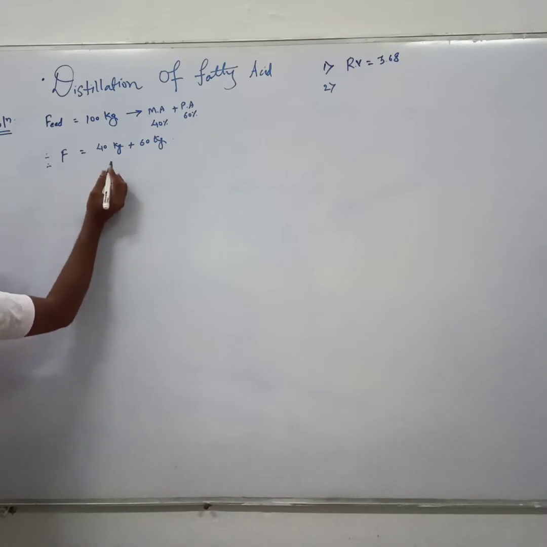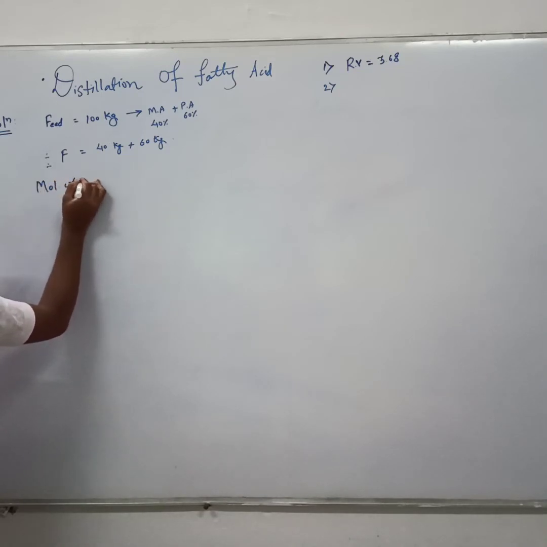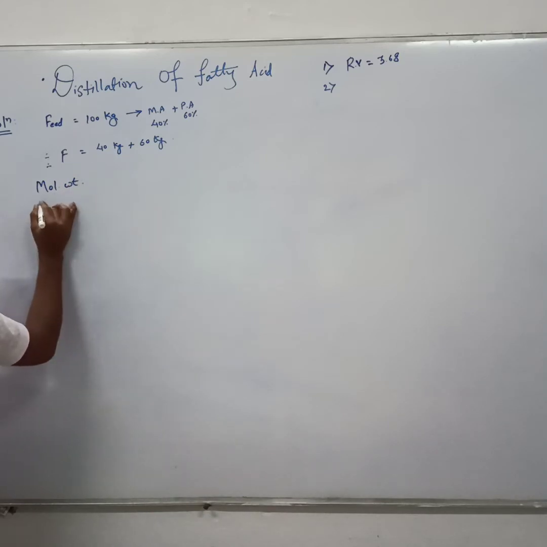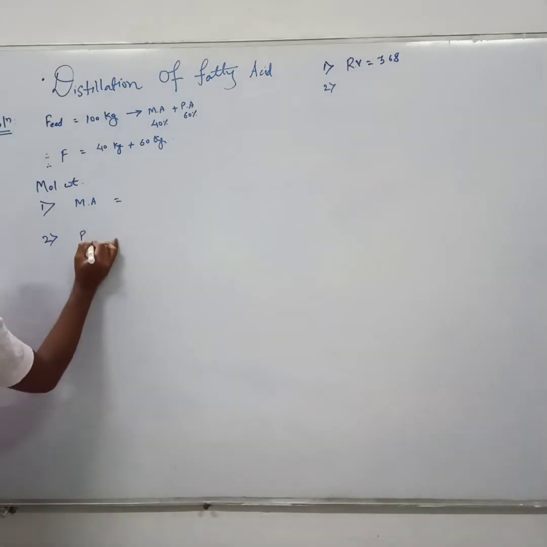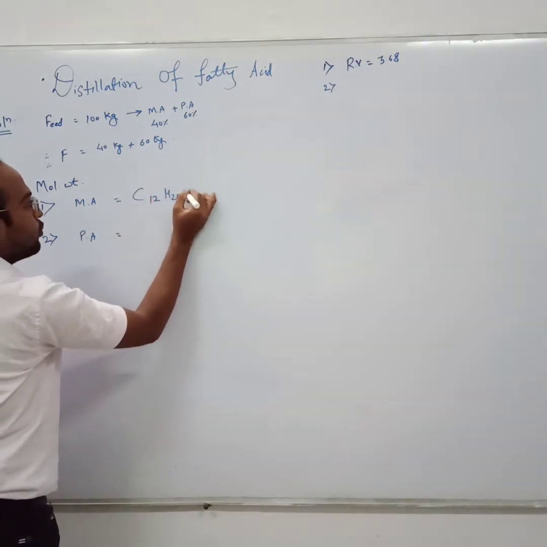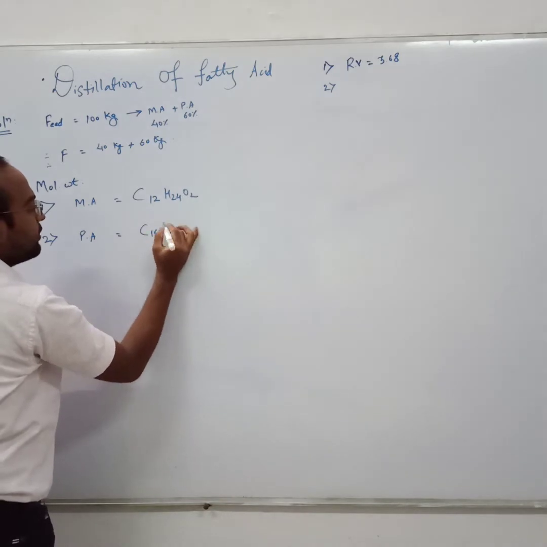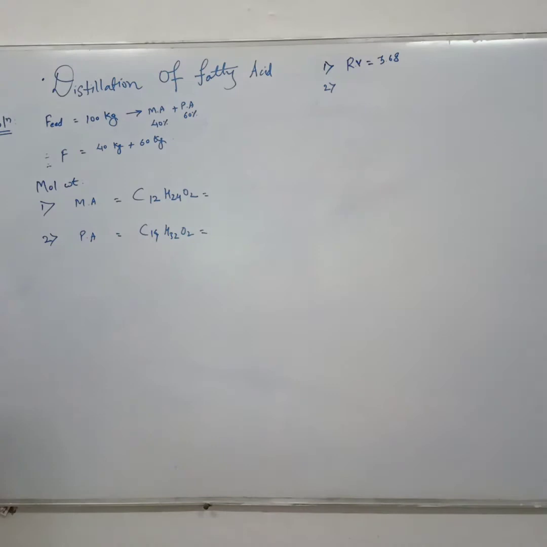So first, molecular weight, using the basic formula, of myristic acid and of palmitic acid. I think it is C12H24O2 and C14H32O2. These are the basic formulas. Let me cross-check: C14H28O2 and C16H32O2. Okay.